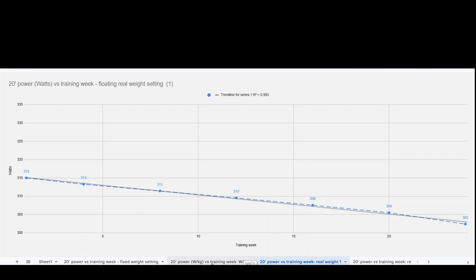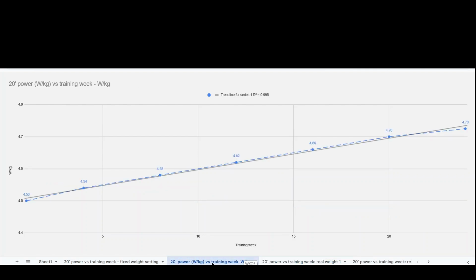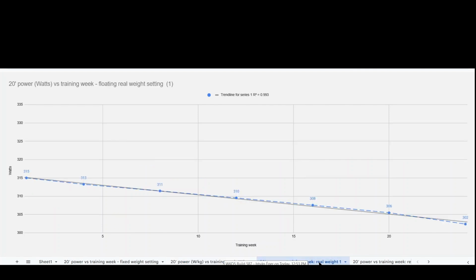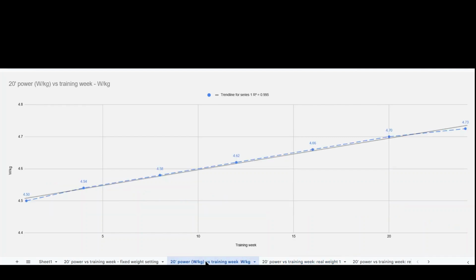That's not reflective of what's really happening. What's really happening is watts per kilogram, what the pod is calculating for that 20-minute test. This is not the same. True, you have something more representative of what the real watts are, but they're confounded because it's a multiplier. What's really happening is this.